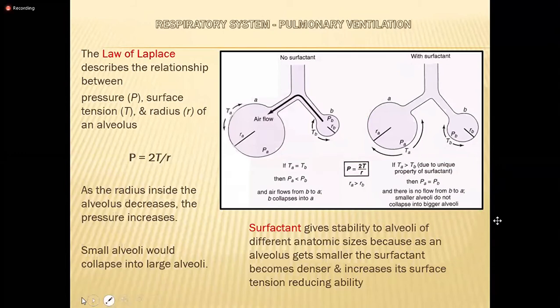That is why once the alveolar area of the newborn has expanded, it will not collapse anymore.